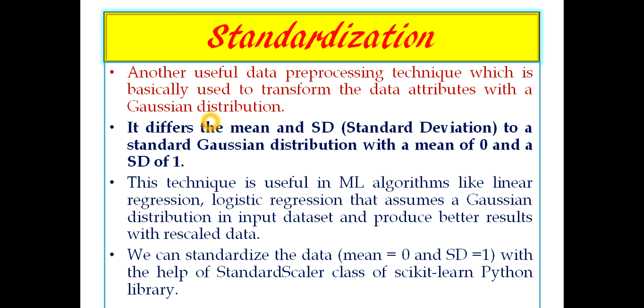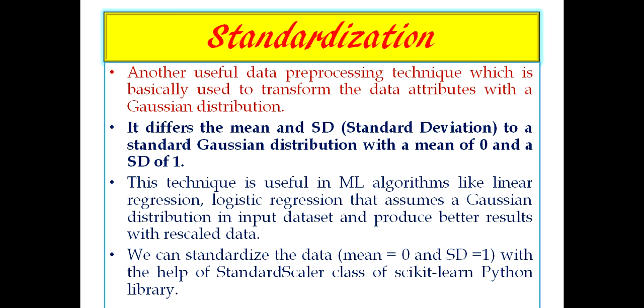Now, it transforms the mean and standard deviation to a standard Gaussian distribution with a mean of 0 and SD, meaning standard deviation, of 1. You may note this line, and this is very important with respect to standardization.